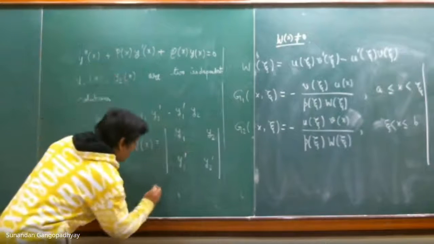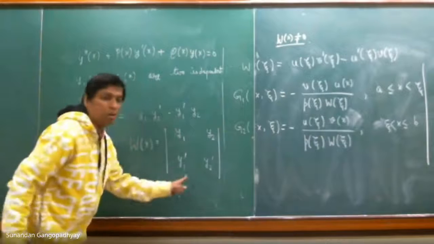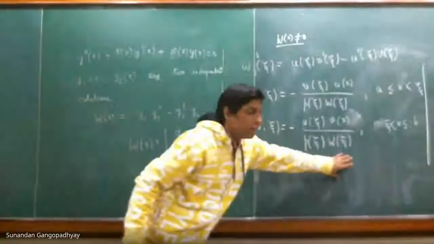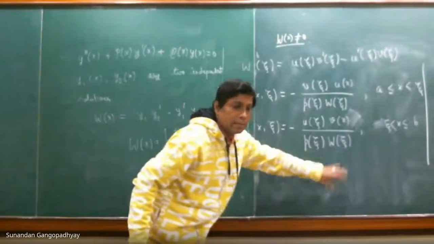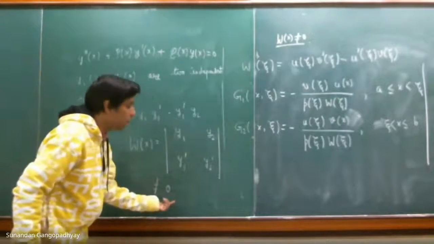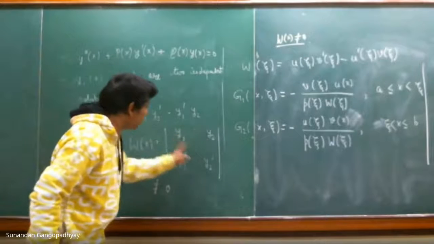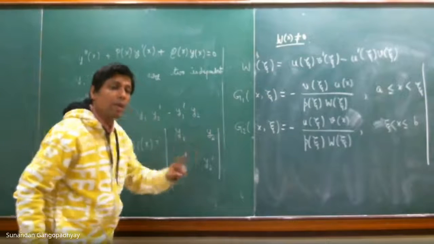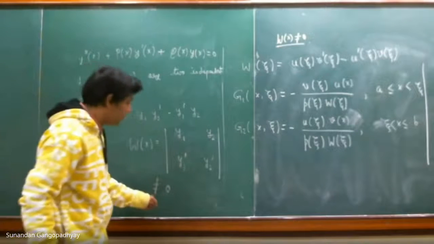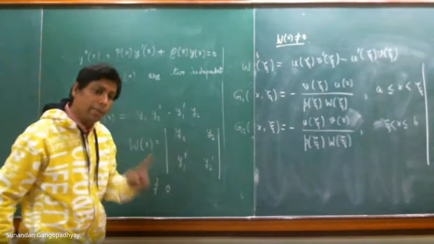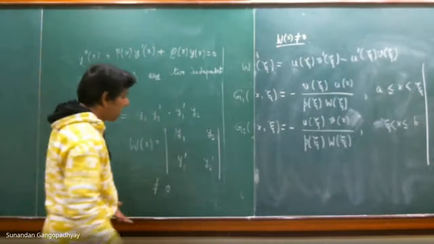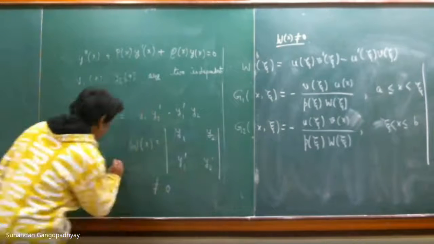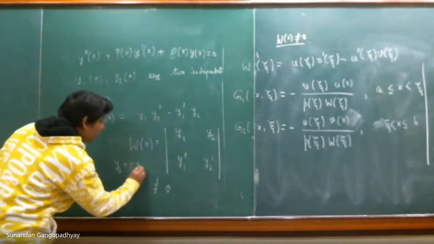It is not equal to 0, which is required here. Otherwise, the solutions do not make sense. The Wronskian is not equal to 0 only if the solutions y1 and y2 with which the Wronskian has been formed are linearly independent. Then only it will be not equal to 0. If they are linearly dependent, then it will be equal to 0. That you can see easily, because if the solutions are linearly dependent, then you can write y2 as c y1.